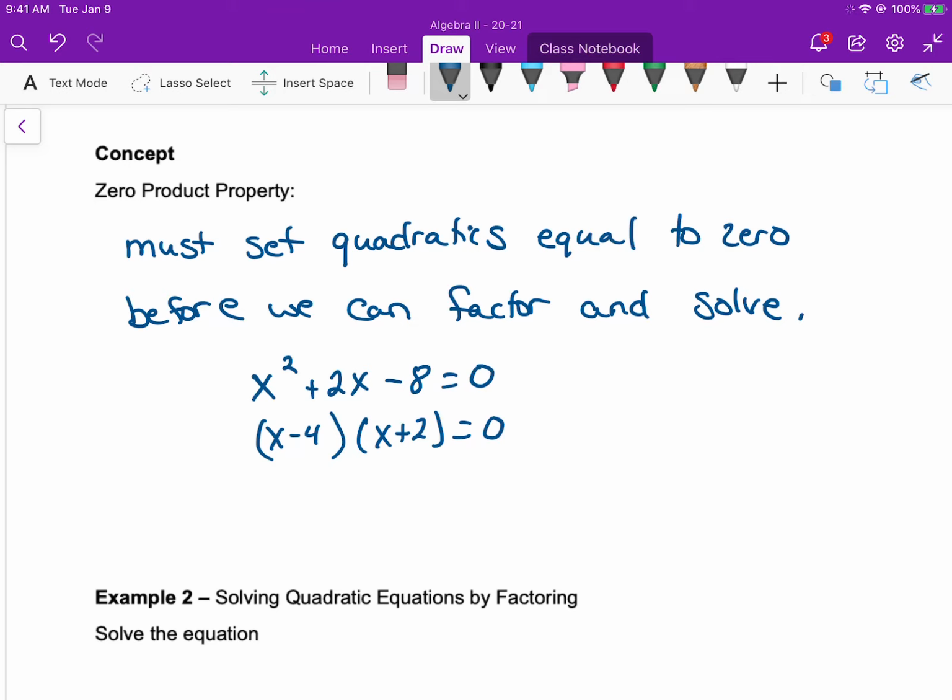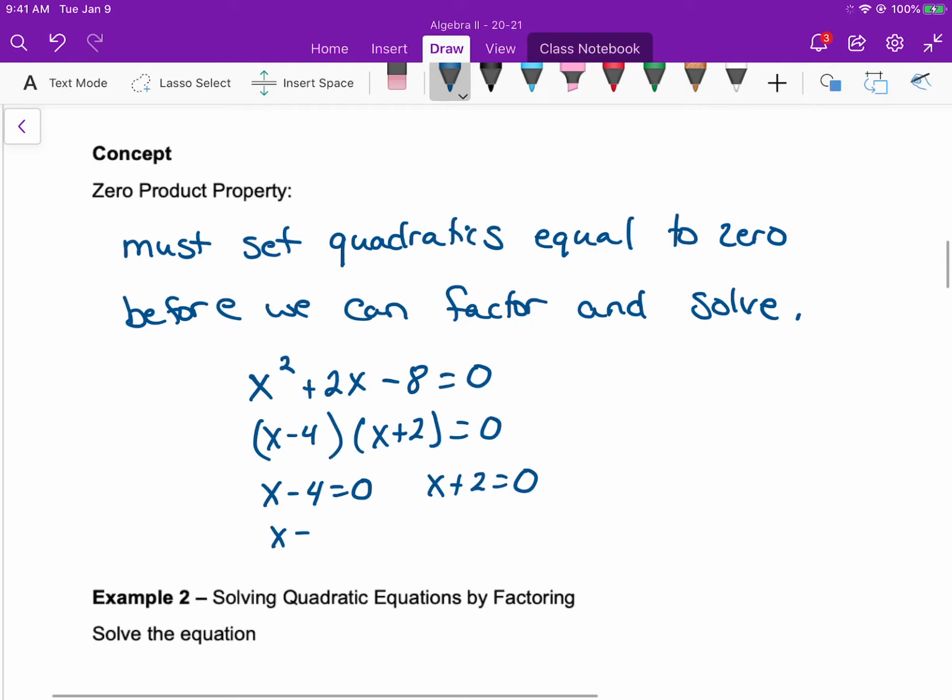We have to have that set equal to 0 before we can split up these factors and solve by saying x minus 4 equals 0, x plus 2 equals 0, and then we can solve to find our zeros, otherwise known as our x-intercepts, to equal 4 and -2, just as we saw on our graph above.